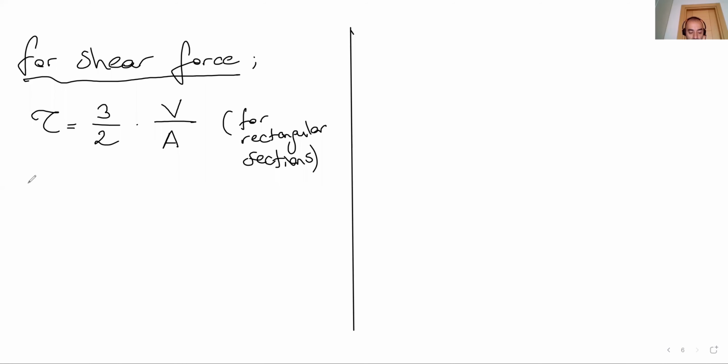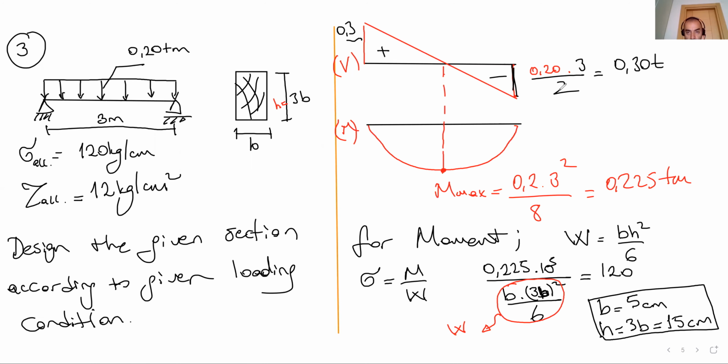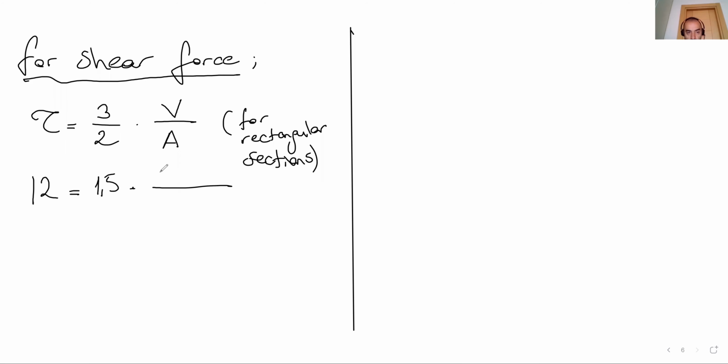Allowable stress here is, what was it? Allowable stress given in the question, 12 times 1.5. The shear force was 0.3 tons times 10 power 3. We converted to kilogram, and the area is B times 3B.